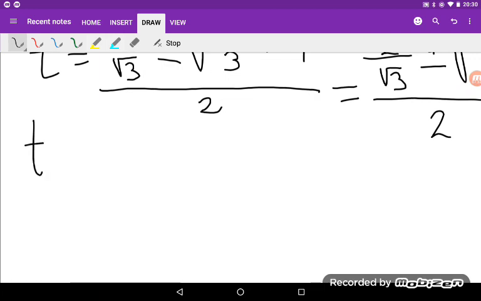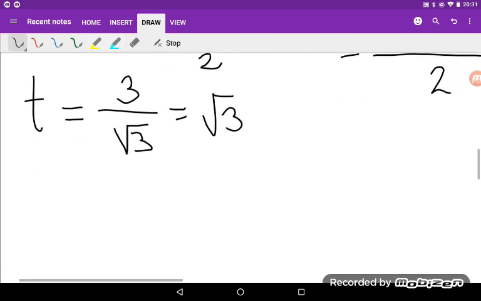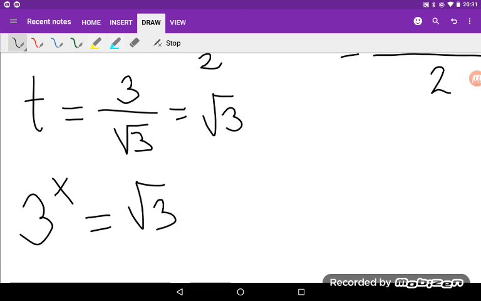So t is equal to 3 over square root of 3, and that's just square root of 3. Okay, and now because t is 3 to the power of x, we have that 3 to the power of x is equal to square root of 3, and that's 3 to the power of 1/2.